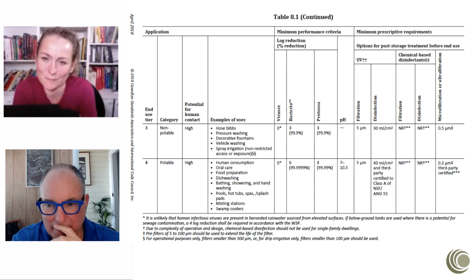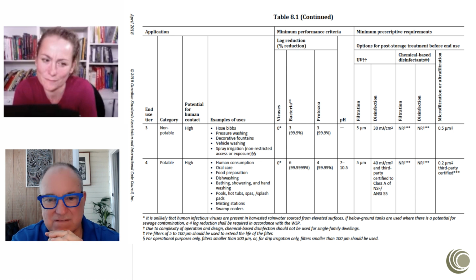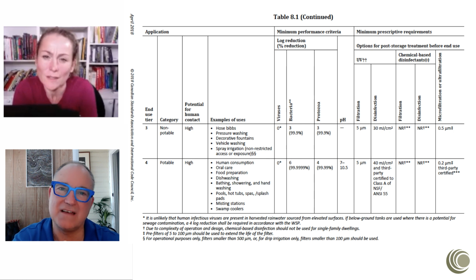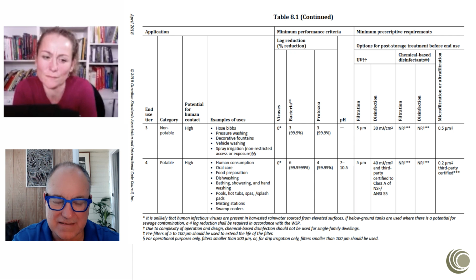So I saw on the potable standard this 7 to 10.5 pH, which is really a water utility pipe infrastructure pH, nothing to do with health. pH is not a health standard, and it's borrowed heavily from water utility thinking.